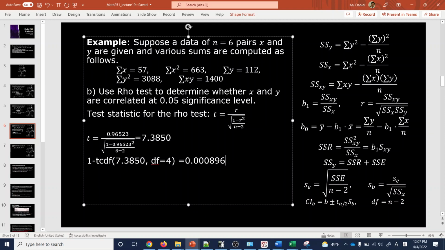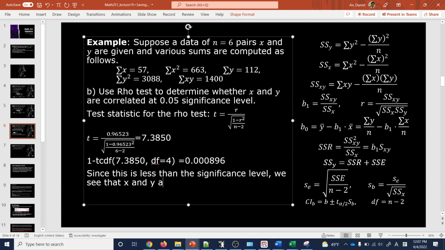All right. So since this is less than the significance level, we see that x and y are correlated.